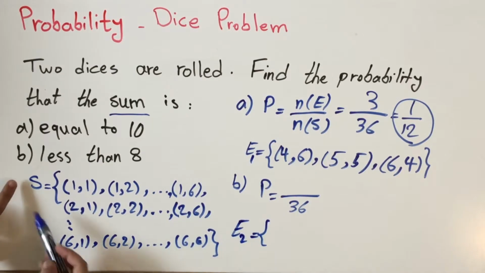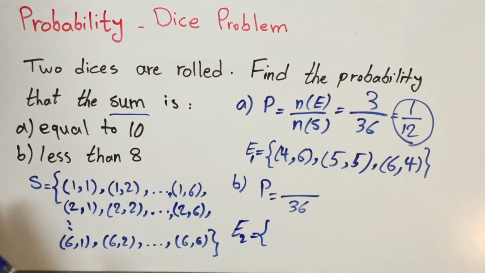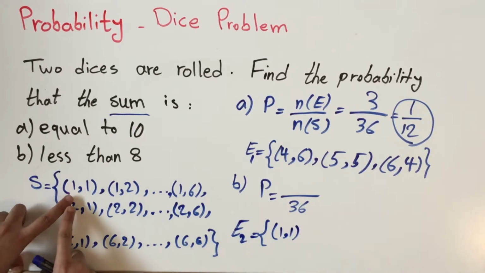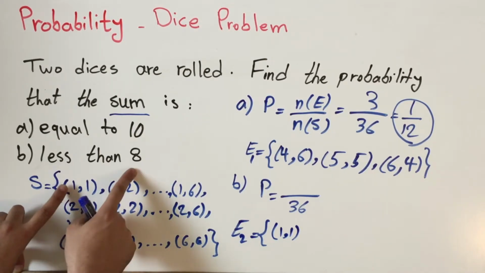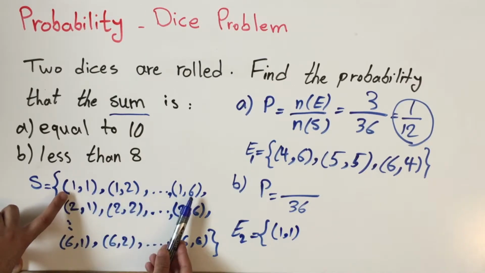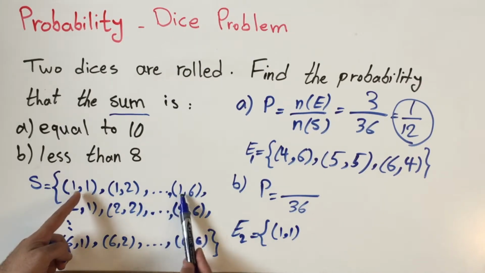In this one it says the result should be less than 8. So I have to start with the first one, which is 1 and 1. I know that the result is 2 and it is less than 8. And as you see, for all of the items in the first row, if you add them, the result is going to be between 2 and 7.